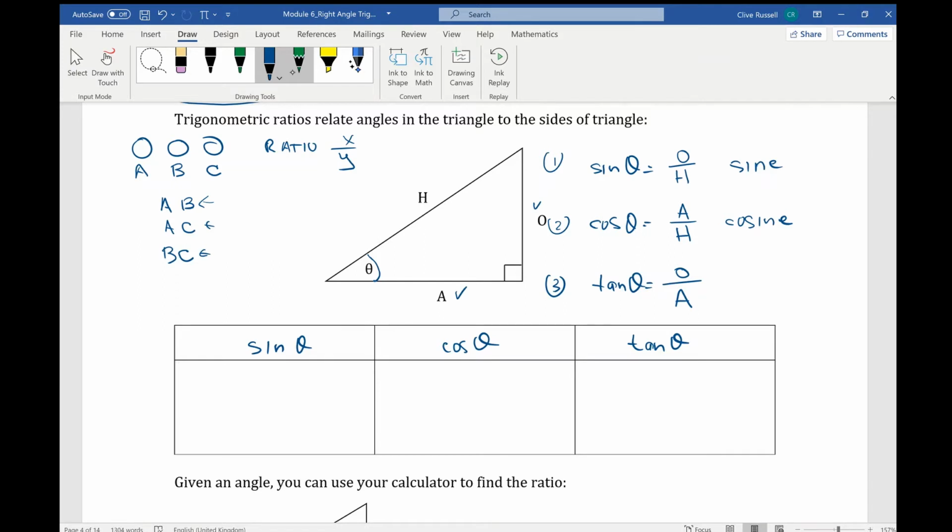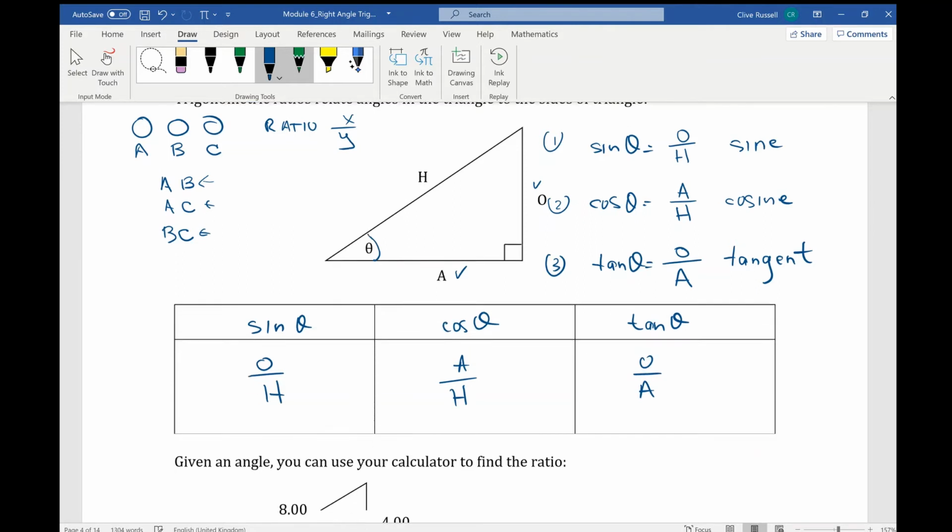And for tangent, it's really T-A-N-G-E-N-T, but we shorten it as tan. So sine, as we just said, is opposite over hypotenuse, cosine is adjacent over hypotenuse, and tangent is opposite over adjacent.